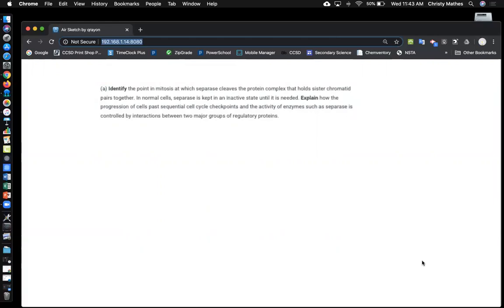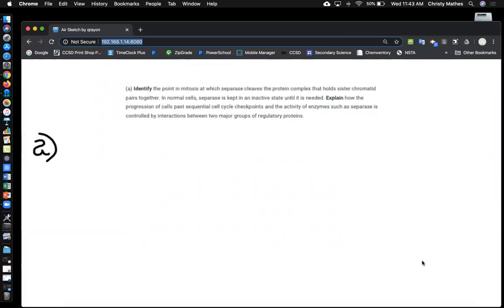So the first thing that I have to do on question A is answer which point separase is going to be most active in. And if we go back, remember that that's where we're pulling apart our sister chromatids.